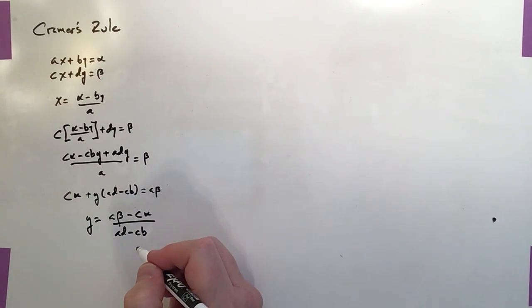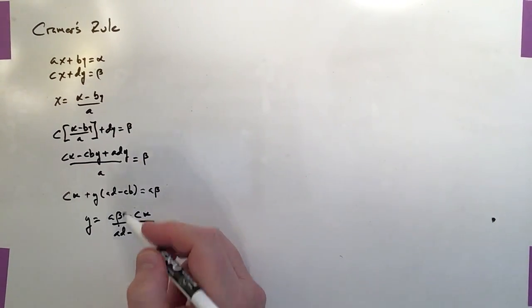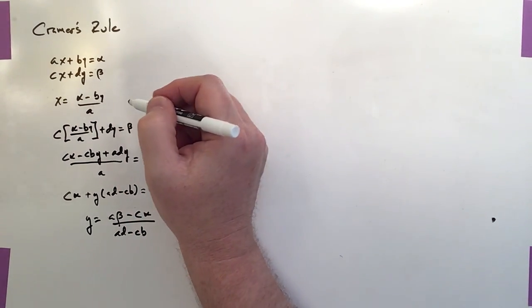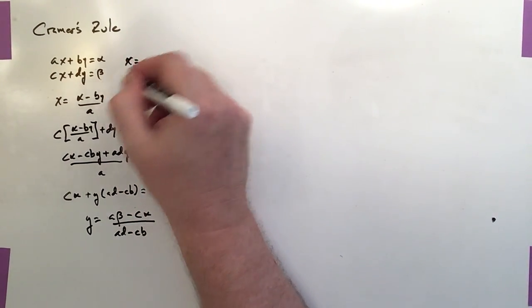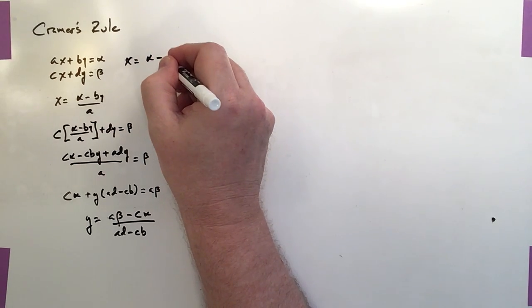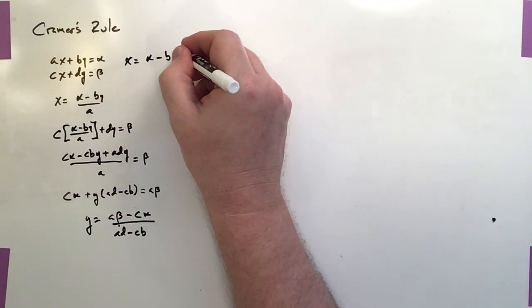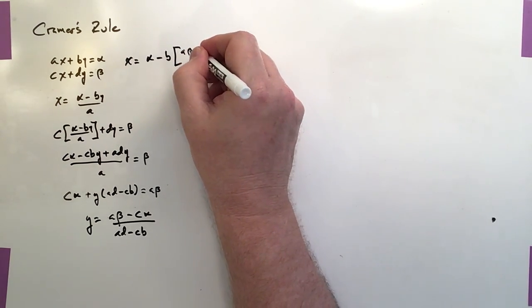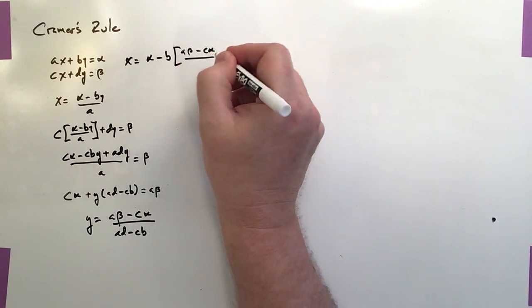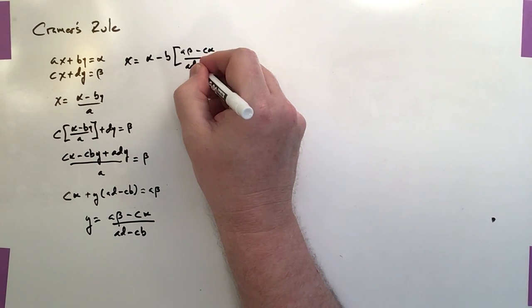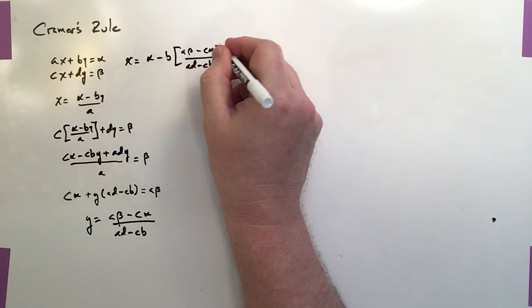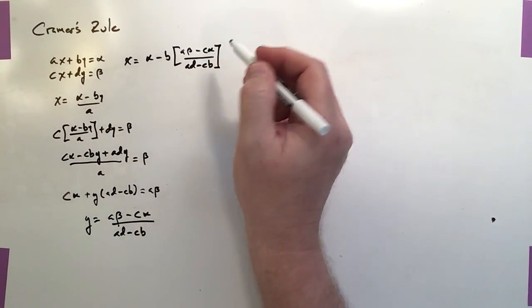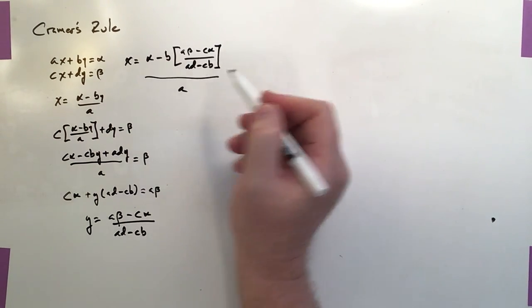That's what y will be equal to, and then let's go back and substitute that y in for x. So x then will be equal to alpha minus b times this quantity, a beta minus c alpha divided by ad minus cb, and then all of this divided by a.